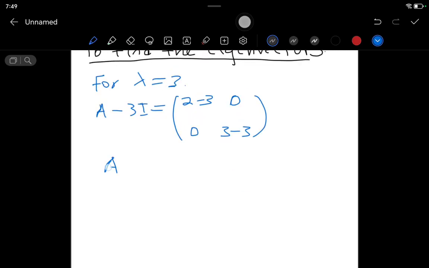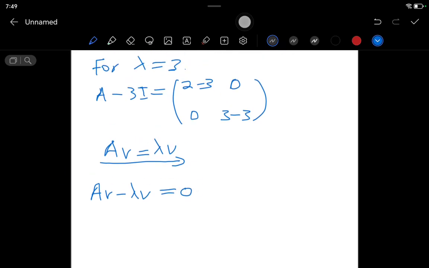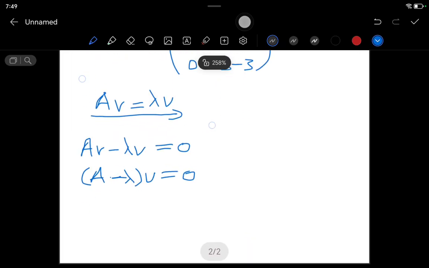Remember there was this formula from the beginning to say that AV is equal to lambda V. So the formula that we're going to use strictly for us to find the exact eigenvectors will be this. I remember at first we had something like this, right? If we take this to the other side, I said that you can take anywhere. But since we're already using this one, we're going to have A minus lambda V, which is equal to 0. So this is what we'll be using.